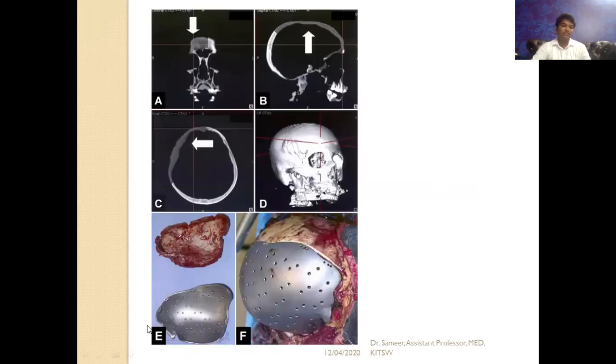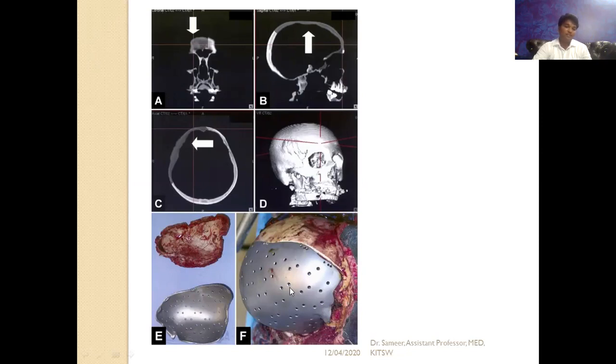Titanium plate is the material generally used for the implants. So depending upon the missing cranial defect, this titanium implant was manufactured and it was fixed using these screws.